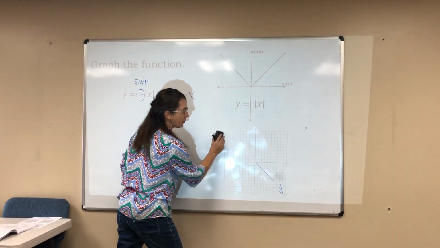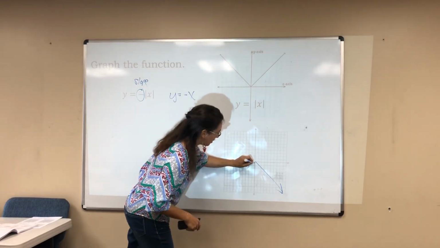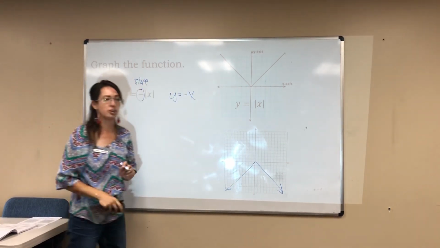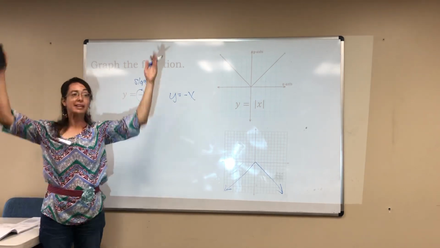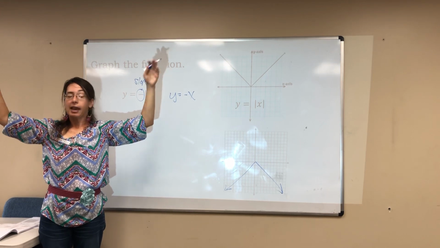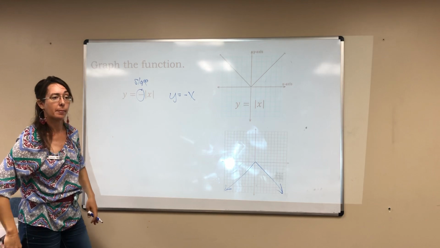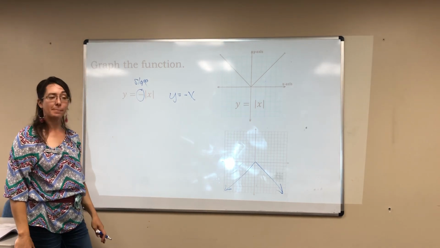Now when I have an absolute value, it goes that direction. Positive means it's tipped up like a cup; it can hold something. Negative, it's tipped upside down. But it'll always be essentially the exact same on the other side, just going the opposite direction.